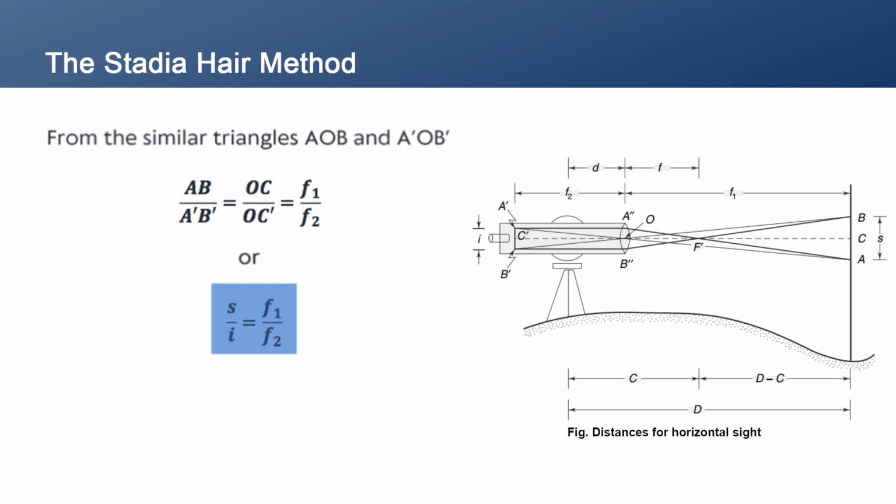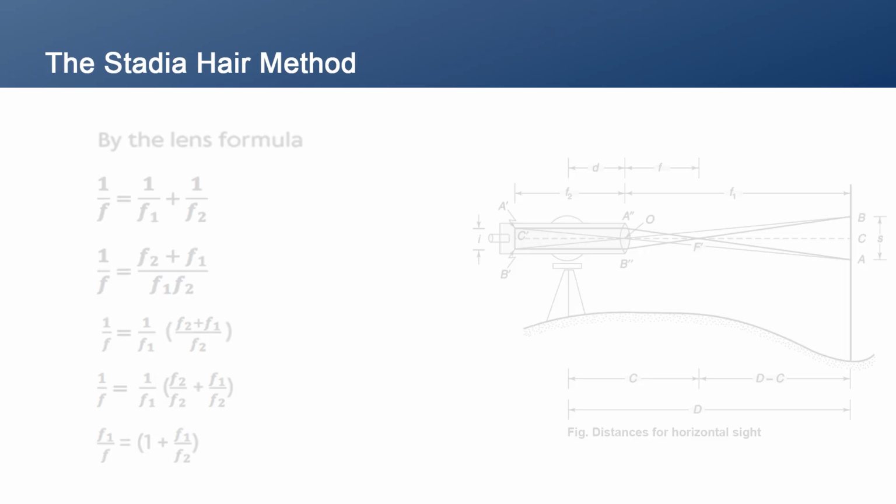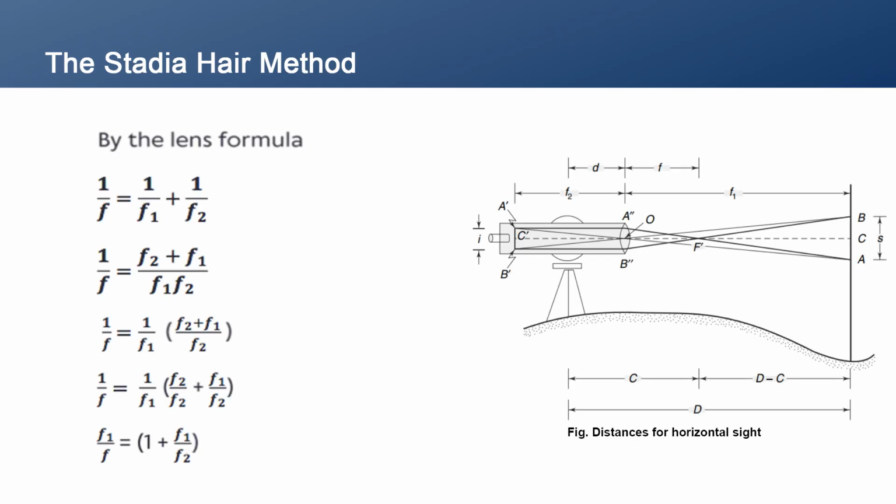So, from the similar triangles AOB and A'OB', AB by A'B' is equal to OC by OC' is equal to f1 by f2, or simply we can write S by i is equal to f1 by f2. And we know the lens formula, that is 1 by f is equal to 1 by f1 plus 1 by f2.